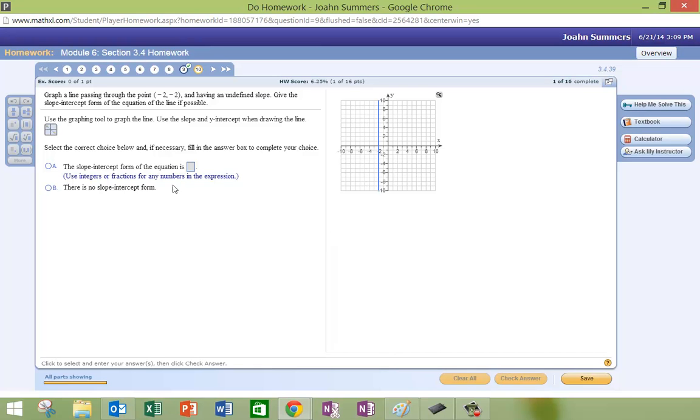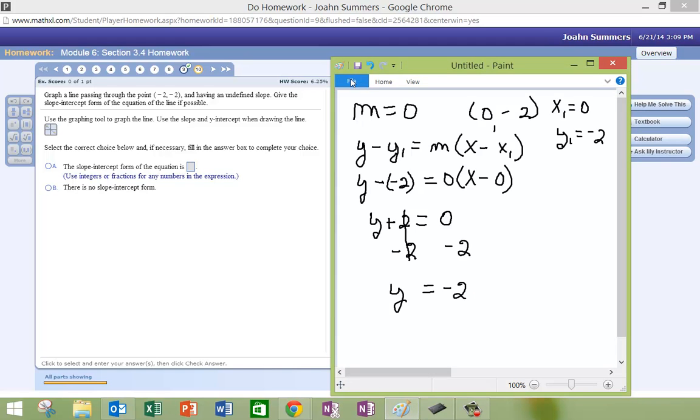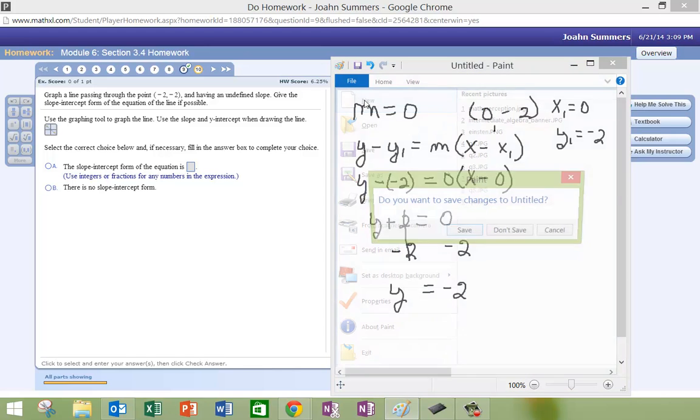Alright. Now as far as the equation, the slope-intercept form for the equation of the line. Let me get us a new writing board.